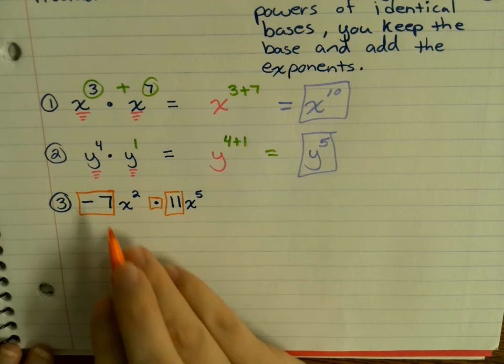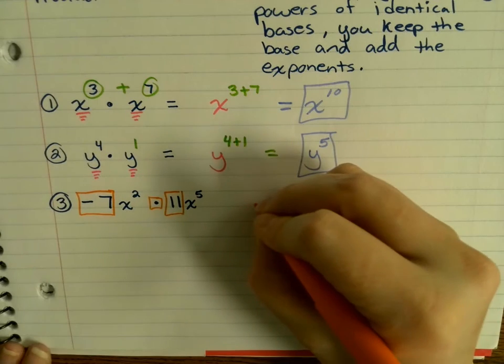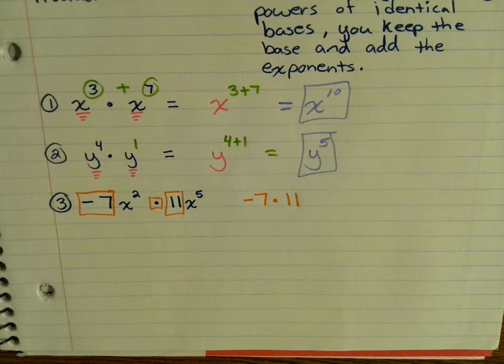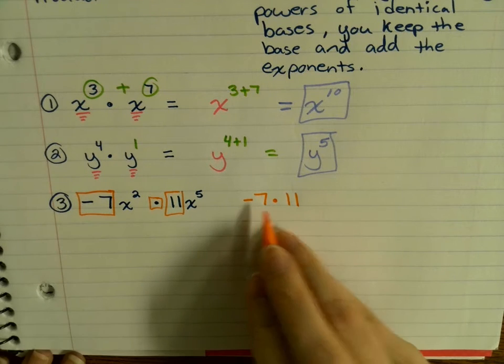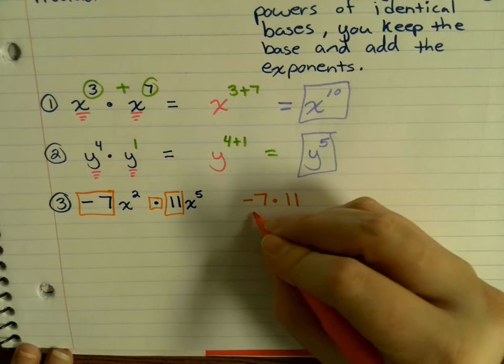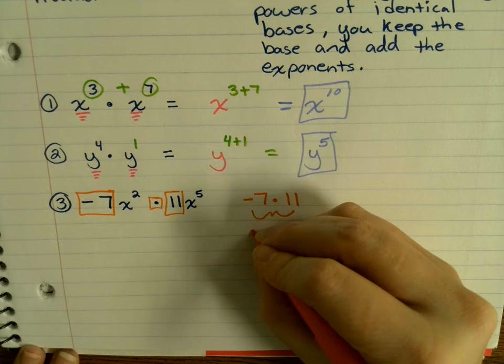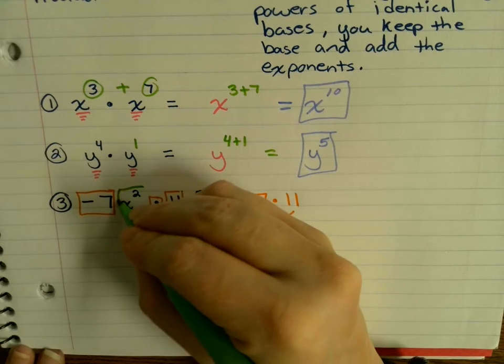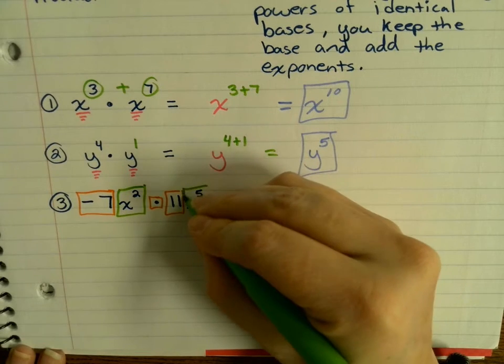So what I'm going to do is take that -7, I can actually multiply it by 11. I can do -7 times 11. And what will that give us? -77. Good.